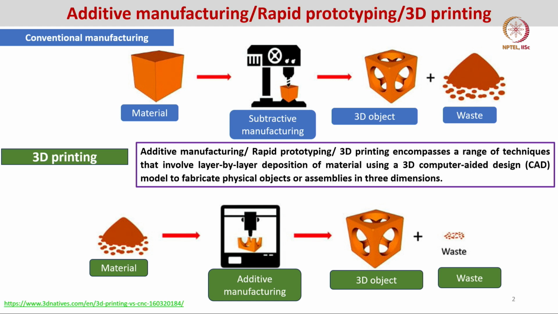So, conventional manufacturing is best described as subtractive manufacturing processes, whereas 3D printing belongs to a generic manufacturing class called additive manufacturing processes. What do you mean by subtractive manufacturing processes? You start with a cube shaped material, right? Then you try to drill it to make holes, and these holes are of similar size, but in all the faces of the cube.